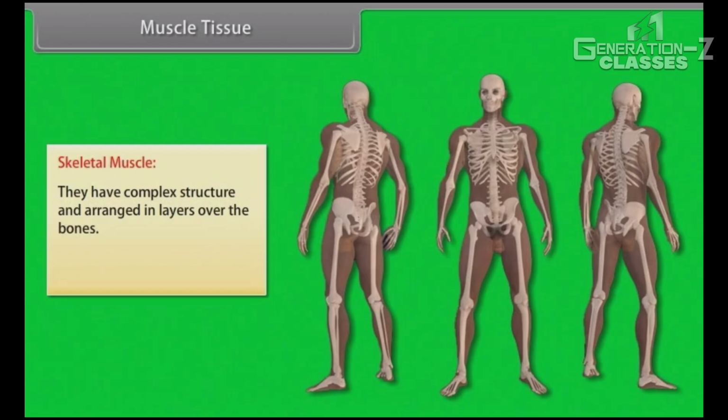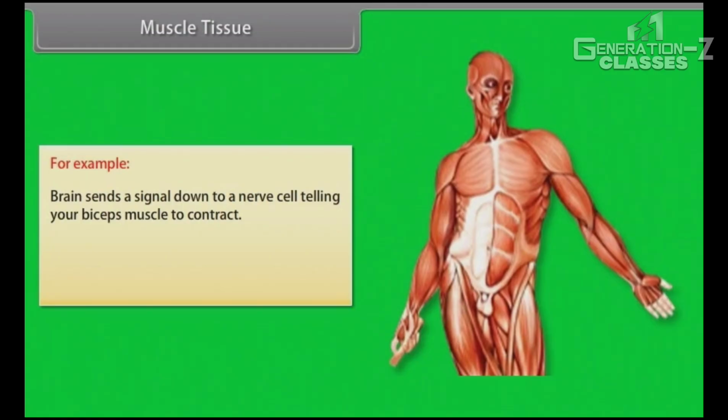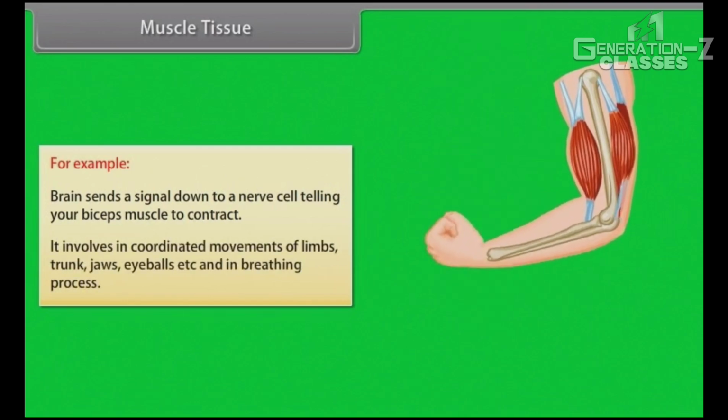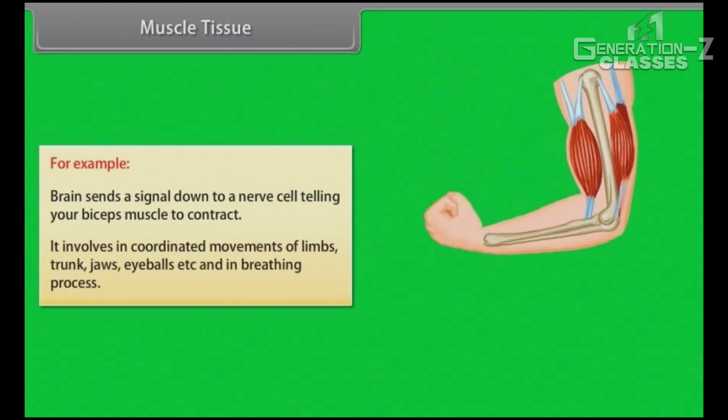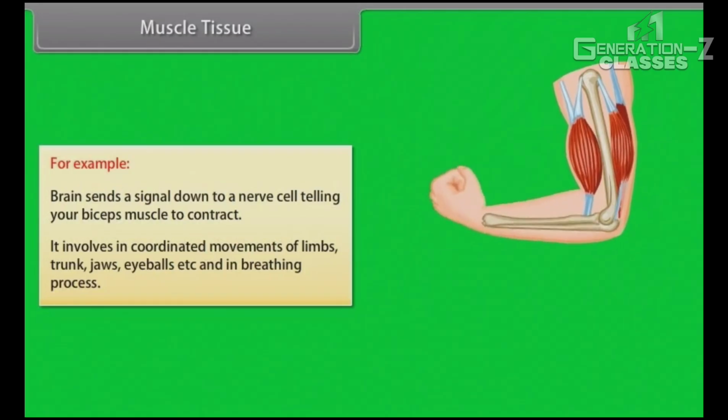They have a complex structure and are arranged in layers over the bones. The basic action of any muscle is contraction. For example, the brain sends a signal down to a nerve cell telling your biceps muscle to contract. It is involved in coordinated movements of limbs, trunk, jaws, eyeballs, etc., and in the breathing process.